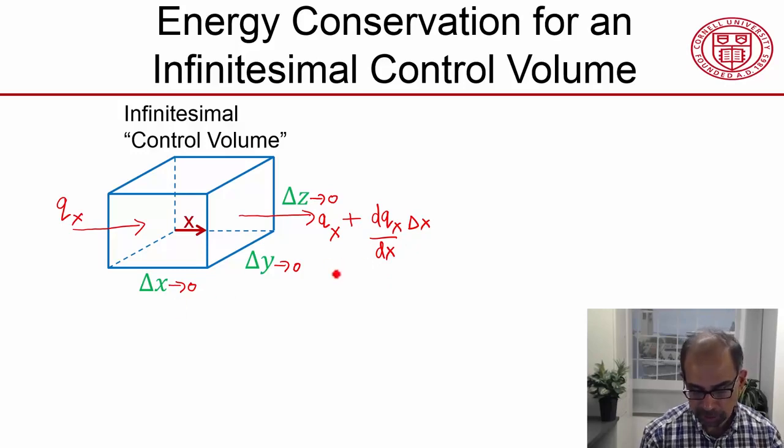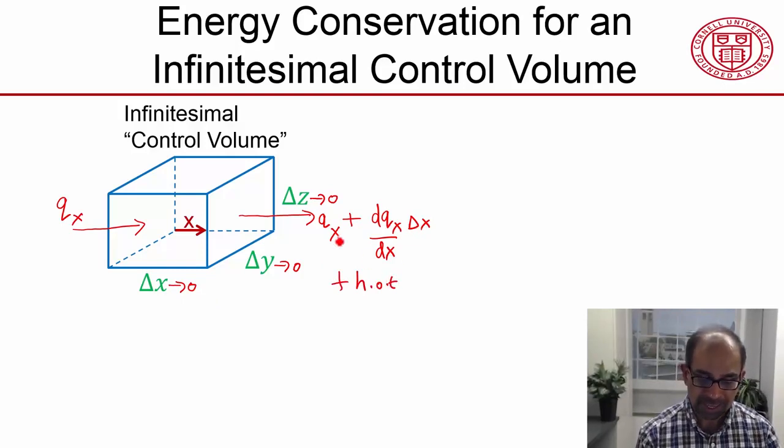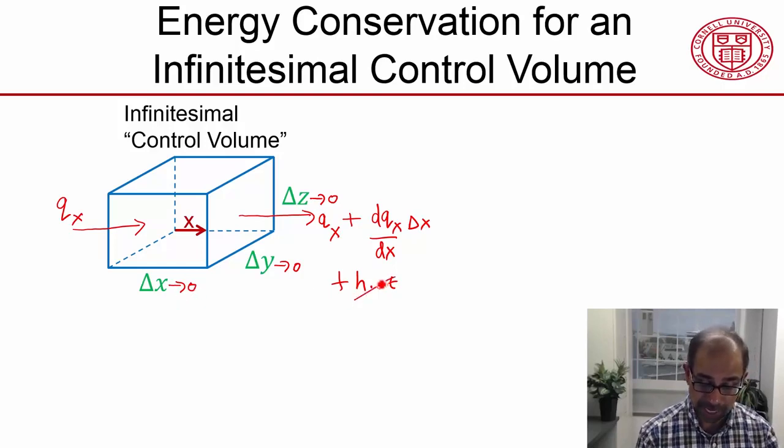You're going to get higher order terms that are proportional to delta x squared, delta x cubed, and so on. But in the limit as delta x tends to 0, I can ignore those. That's why this is important, because I can ignore the higher order terms. So the heat flowing out is slightly different from the heat coming in.